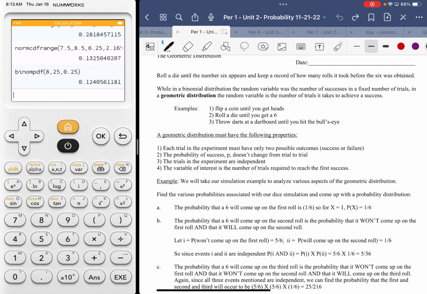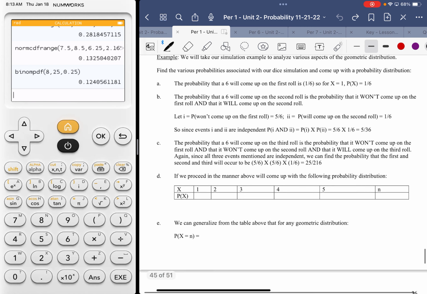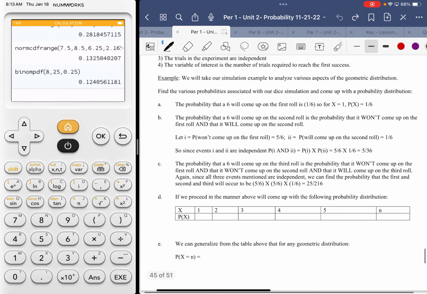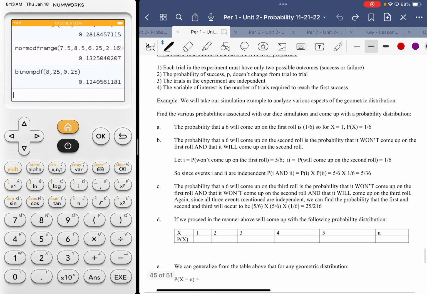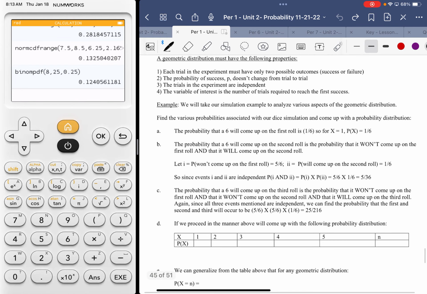I did a guided example here. There's a little context here that I never got around to taking out, so I'm going to cross that out because it doesn't make sense. We did not do a simulation, at least not directly.